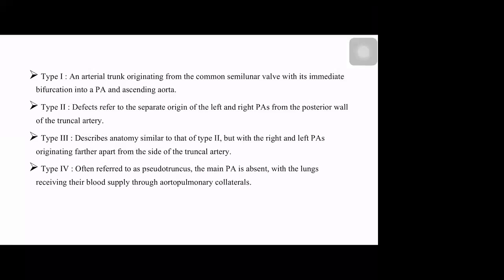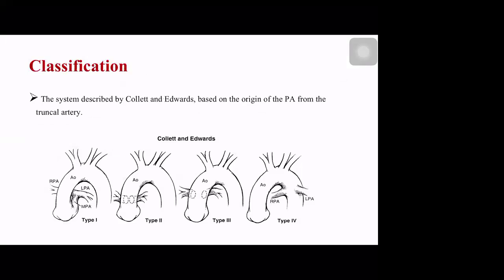In type 1, an arterial trunk originates from the common semilunar valve with its immediate bifurcation into a pulmonary artery and ascending aorta. So coming to this picture, you can see in the extreme left, that is type 1, there is origin of one common arterial trunk above the level of the semilunar valve.